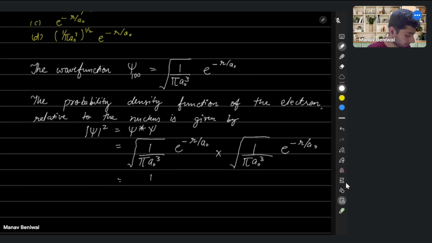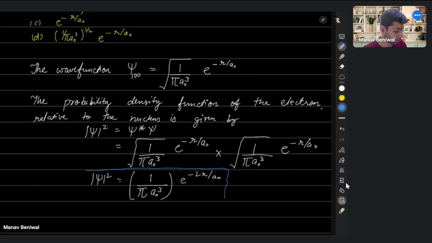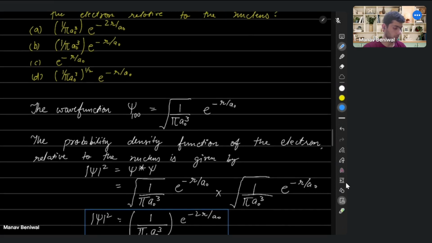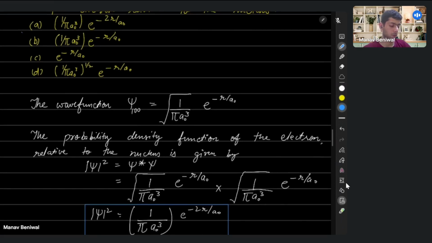Let me rewrite. So this is our answer. Let's see if it matches with any of the options. It matches with option A.